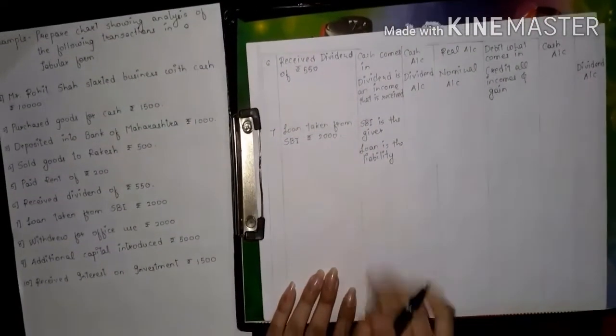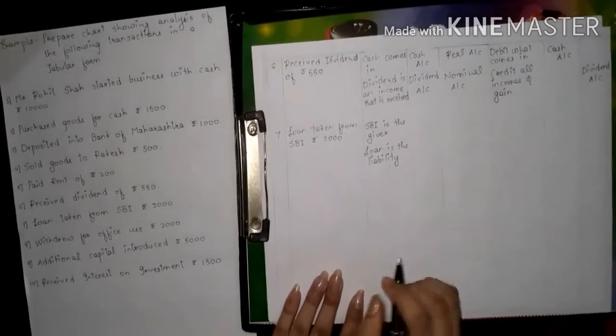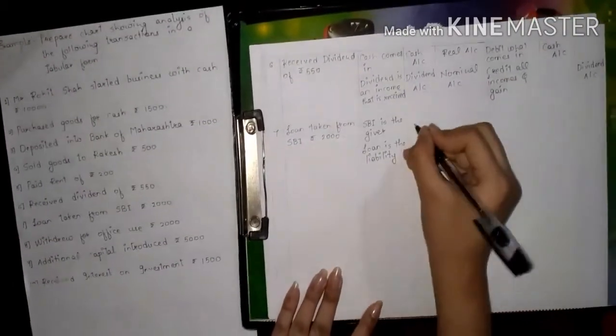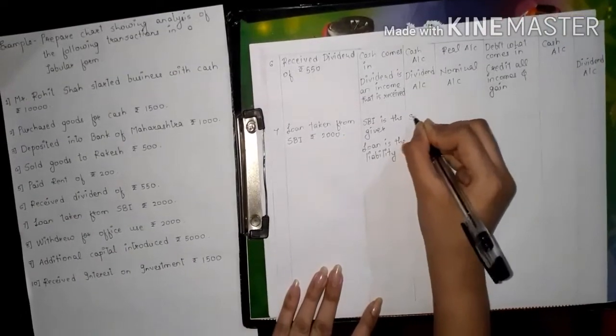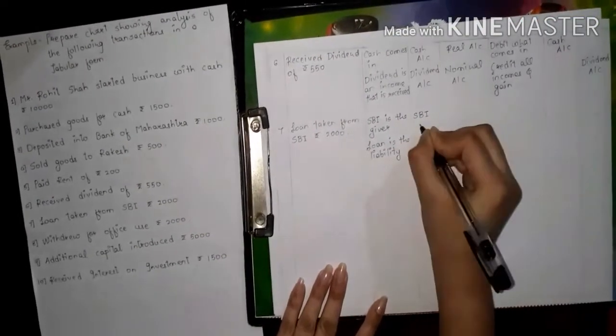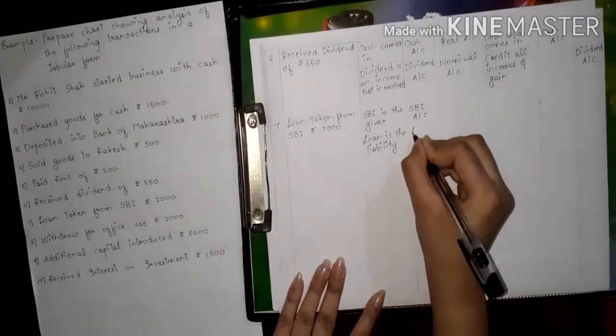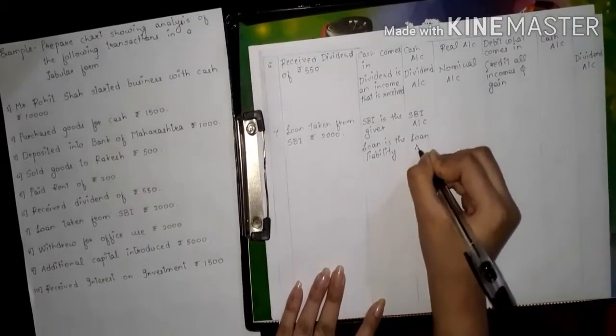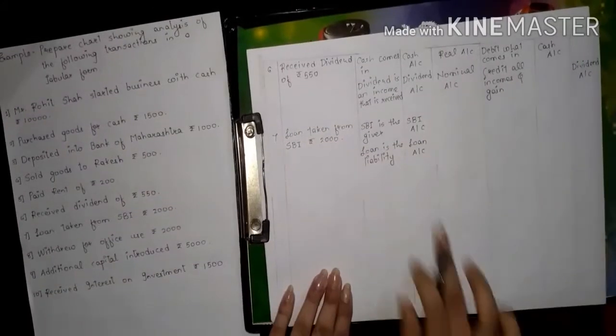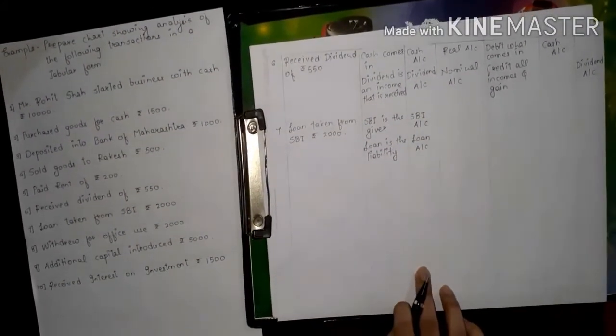This is the second aspect that is being affected. Now SBI account will be the first account over here, and loan account will be the second account, because we have taken loan from SBI.